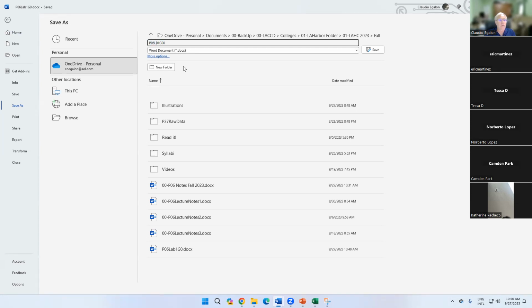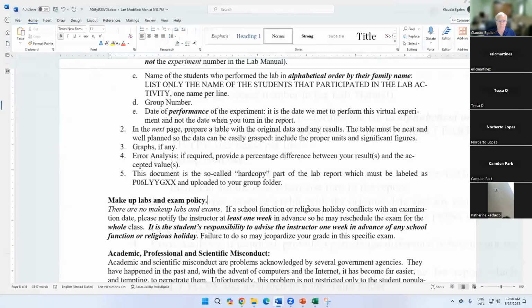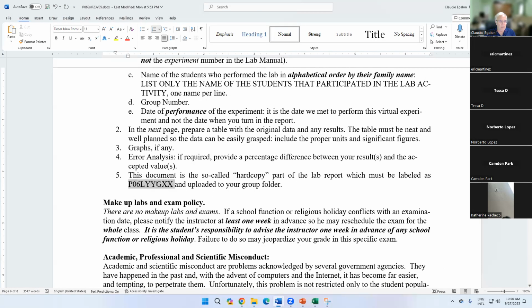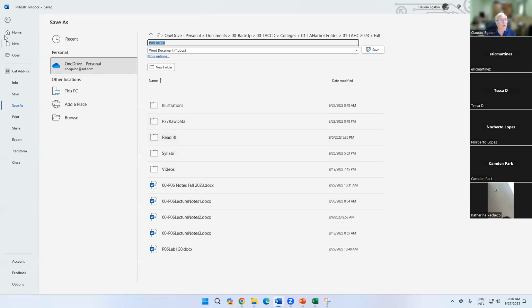Just L, you don't have to spell out lab. Let's stick to what is in the syllabus. Right in here in the syllabus: P06, L, 2-digit lab number, which will be 01, G, 2-digit group number. Okay? So that's how it looks like.